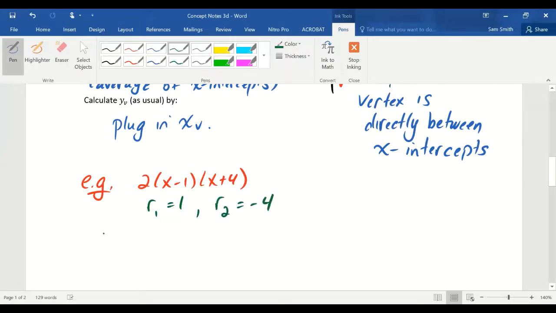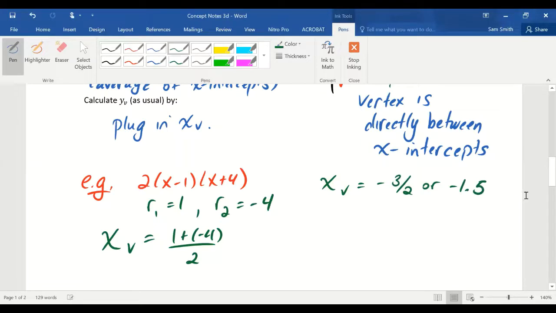So if I want to know where, horizontally speaking, the vertex is located, I can just take those two numbers, add them together, and split the difference. xv is equal to negative 3 over 2, or negative 1.5 if you prefer.